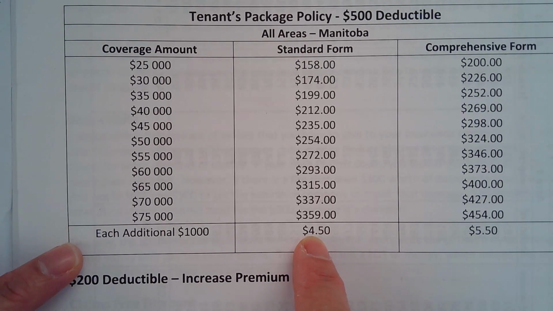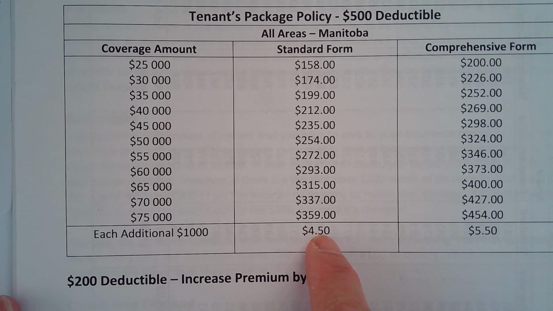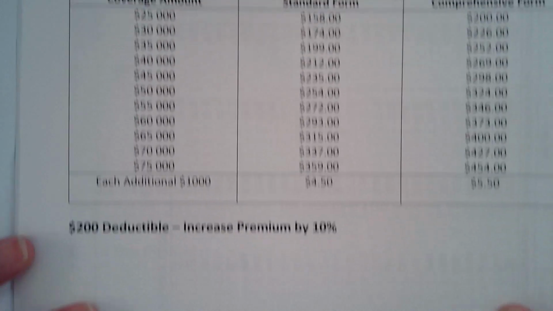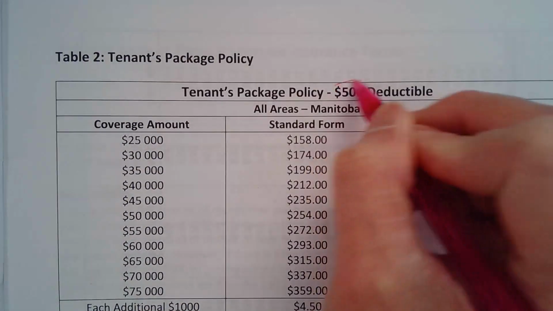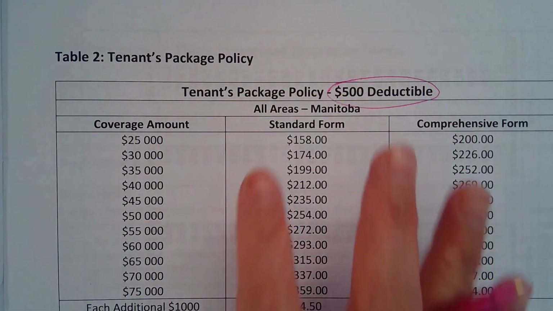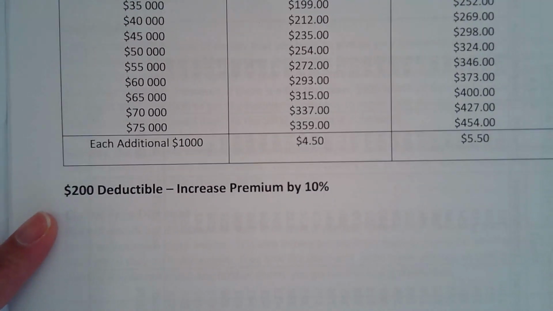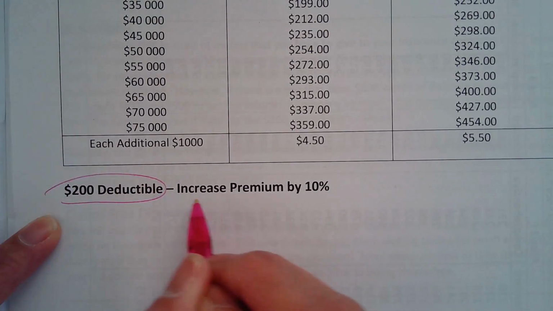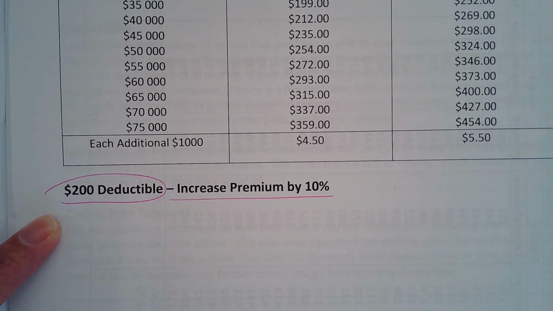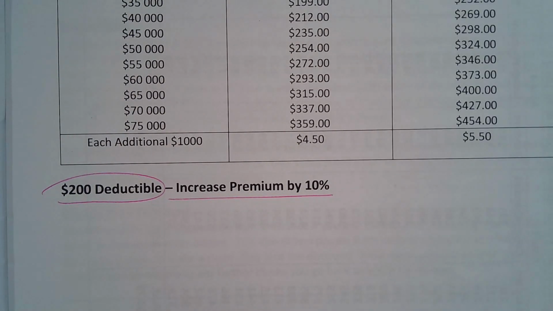Each additional $1,000, we have to pay an extra $4.50. And then it says here, this table is for a $500 deductible. So all of these amounts are for a $500 deductible. Now, if we want a $200 deductible, we have to increase it by 10% more. So leave it alone and we'll talk about that in a second.